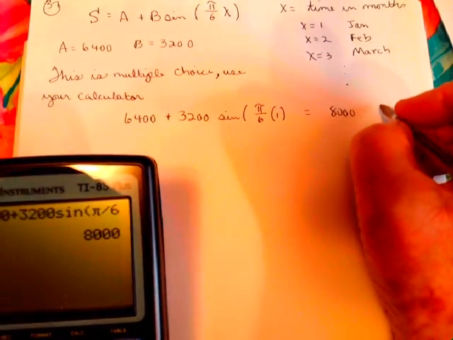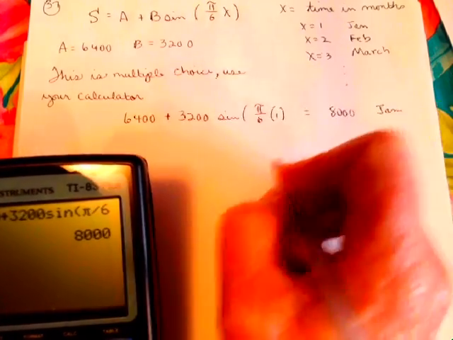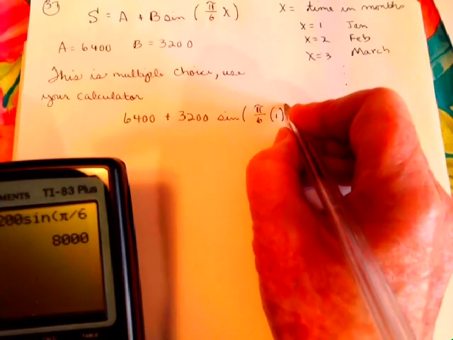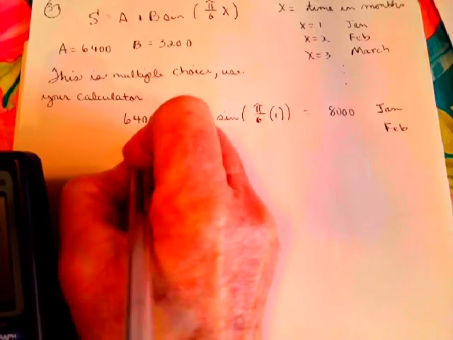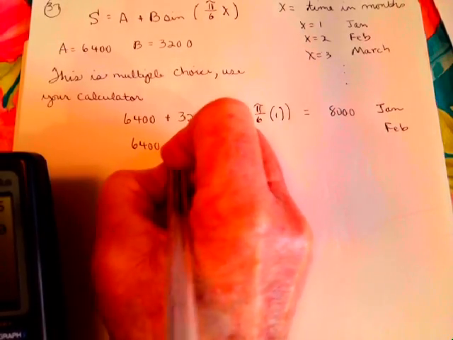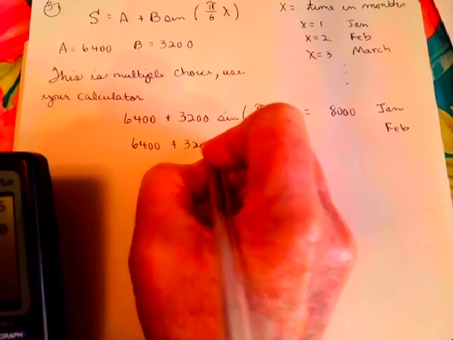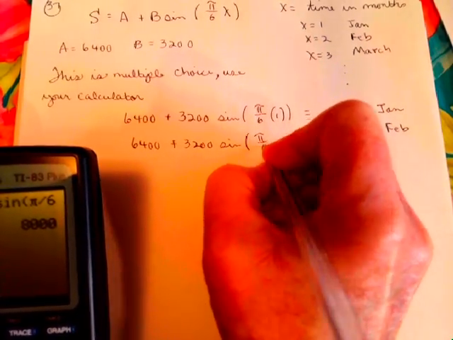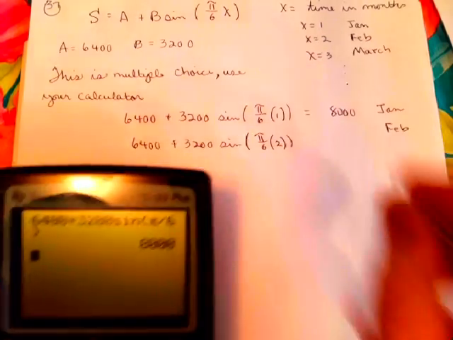Now, that's January. Do the same thing. Put a 2 right there and you'll be checking it out for February. 6,400 plus 3,200 times the sine of pi over 6 times 2.